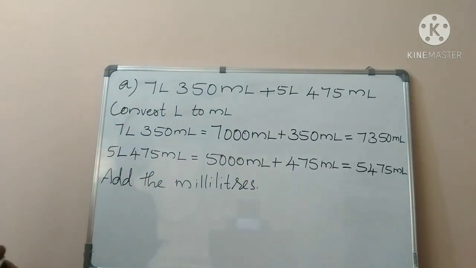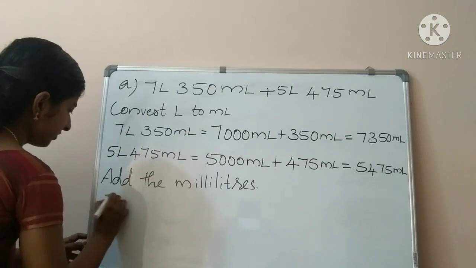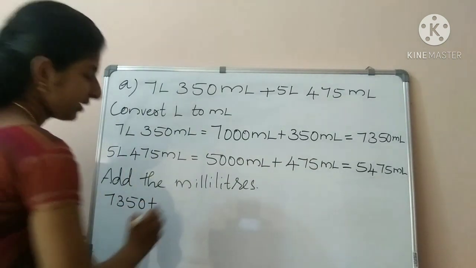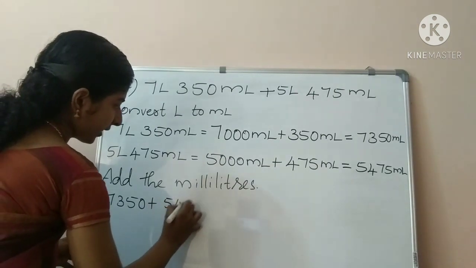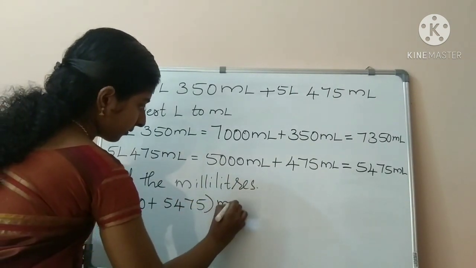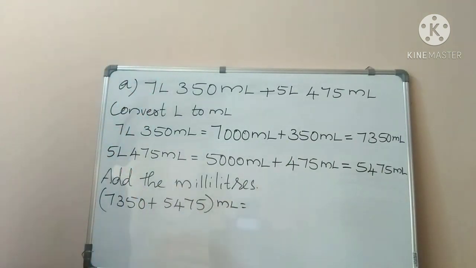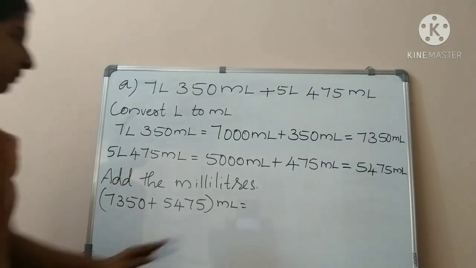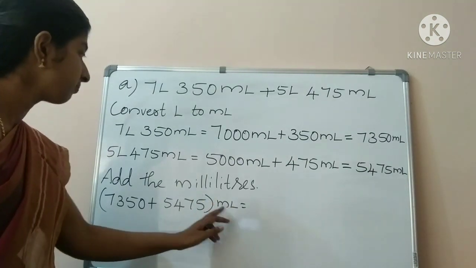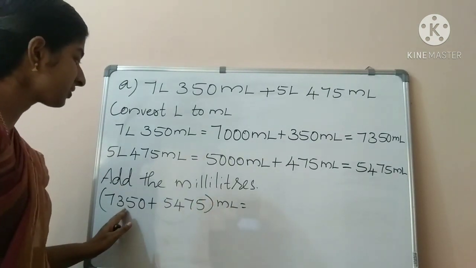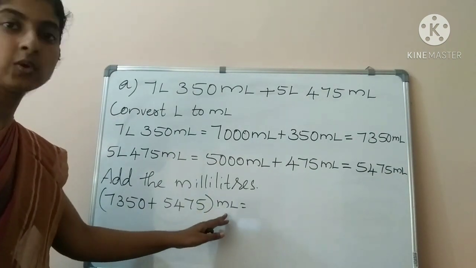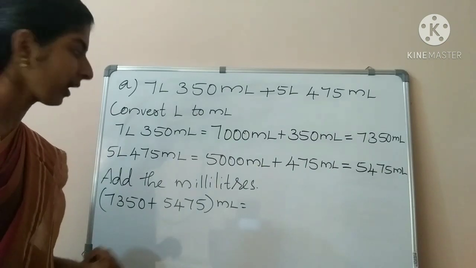First one, 7350 plus second answer 5475. Milliliter is common, which means milliliter goes to the first number and the second number. So we write commonly in milliliter.